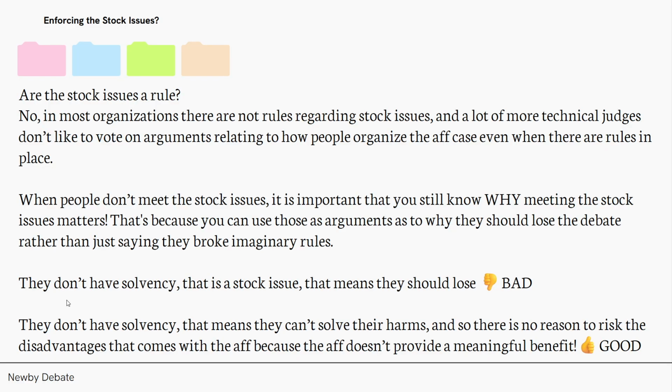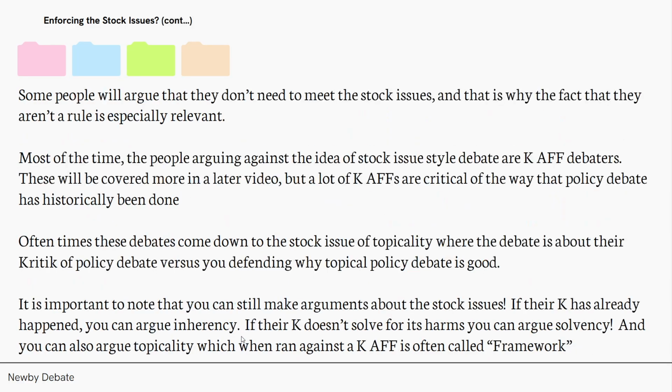So allowing the affirmative to defend something that's already happened puts the negative in a really bad spot because all of their arguments now no longer are quote unquote unique. And we'll get into that later, but it means they're going to happen no matter what we do. And so it's not a reason to vote against the affirmative, which is why inherency is so important. But that's an example of why you can argue inherency matters without relying on backing up that claim with it's a rule.